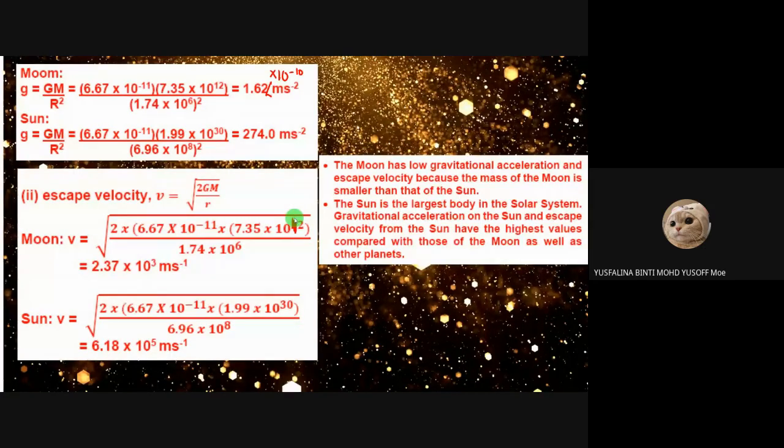6.67 exponent negative 11 times 7.35 exponent 12, and then you divide by 1.74 exponent 6, and then you square root the answer. 2.37. Can you calculate, because I think I got a different answer for this one.